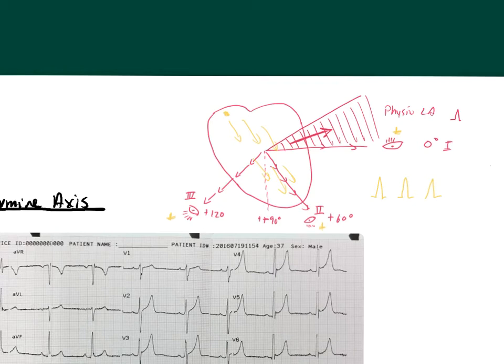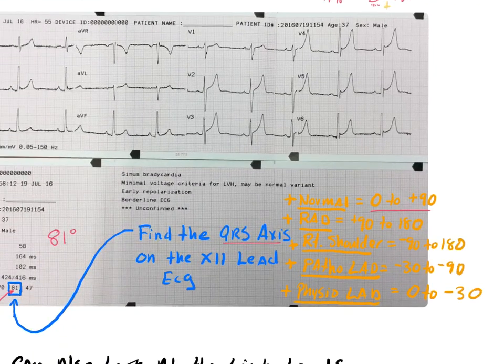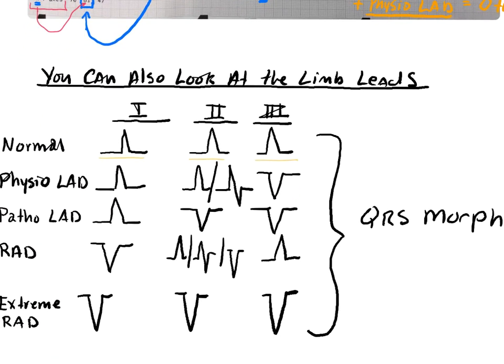What about lead 2? Upright. It's still more or less going toward lead 2, right? What about lead 3? Way down. Yeah, it's starting to move away from lead 3. And the further up you go into physiological left axis deviation, the more downward lead 3 should look. And so with physiological LAD, one is definitely going to be up.